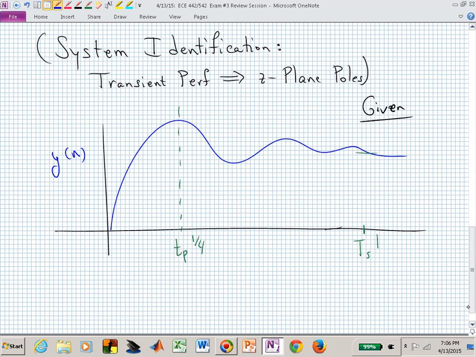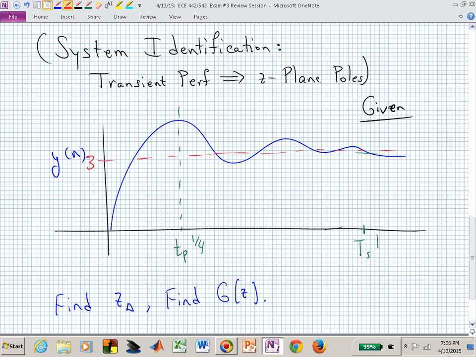Once you're given this, you now want to find z delta and find, let's say, G of z. And maybe you're also told that this was going to a value of 3.